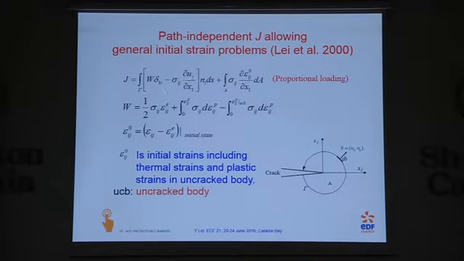So this term definition is clear. This is the usual J, and the extra term is for initial strain terms like that. But this concept is a proportional boundary. So this is the assumption.